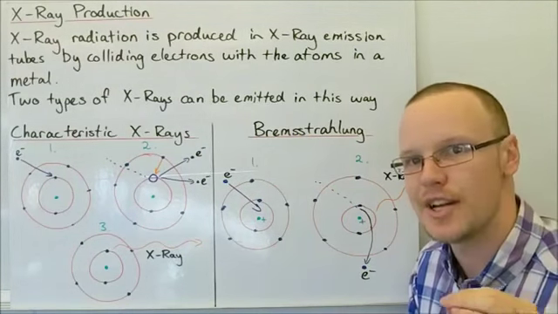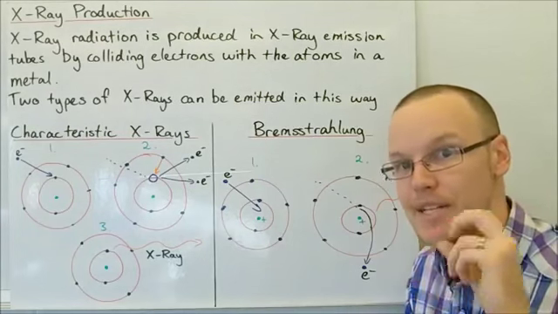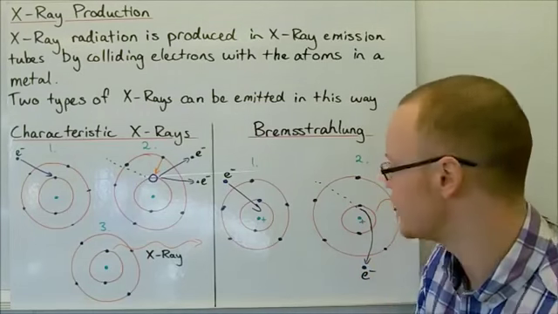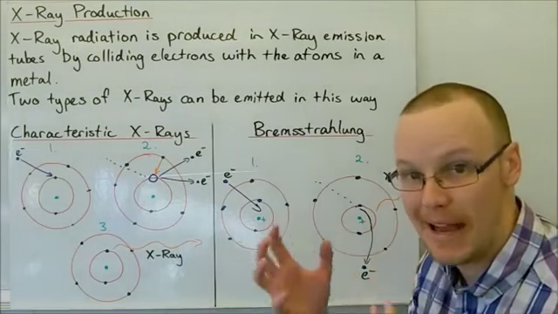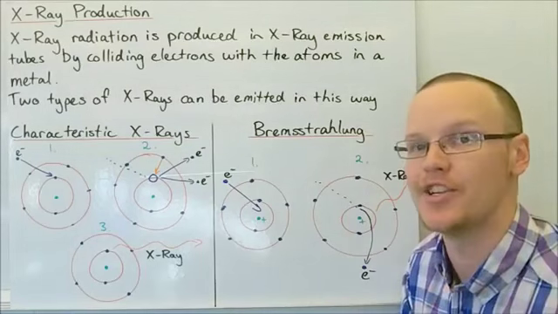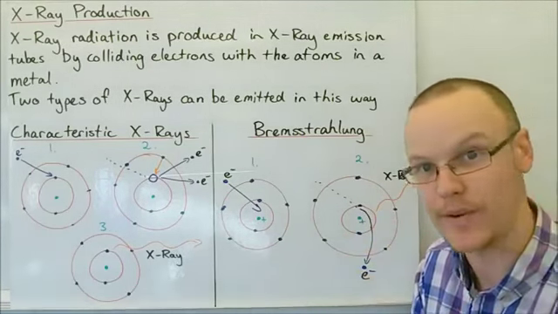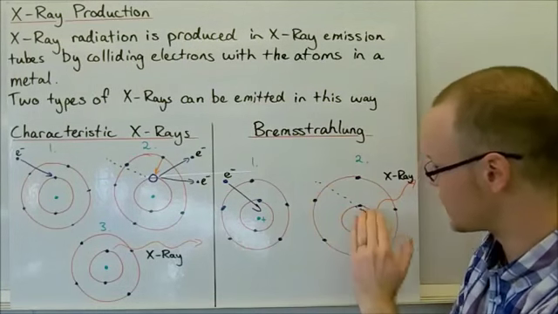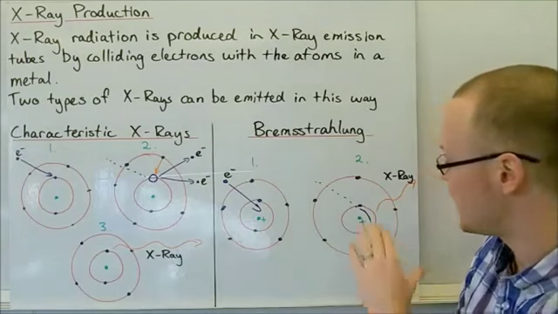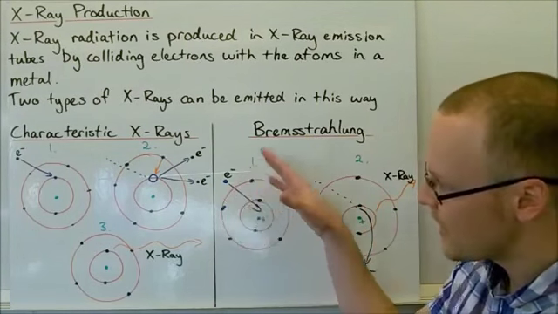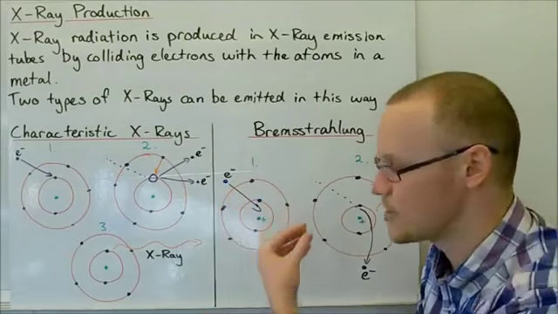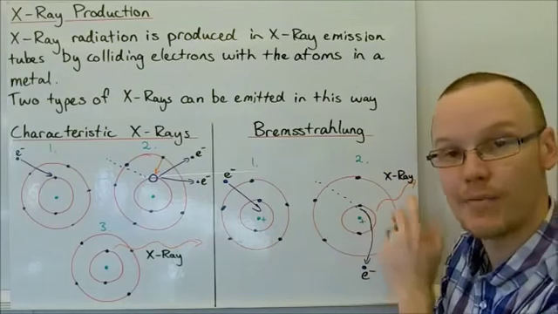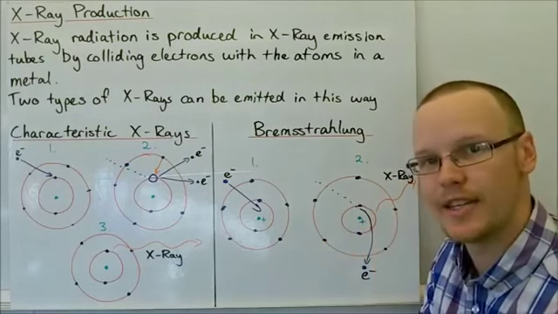Because its velocity is changing, that means its energy might change. If it does slow down, if it changes its kinetic energy at all, there needs to be some balancing out of that energy. The energy doesn't just evaporate or go nowhere. The leftover energy from slowing it down is converted to an X-ray. Depending on how close the electron goes, how much it's slowed down by the nucleus will change the energy that the X-ray will have.